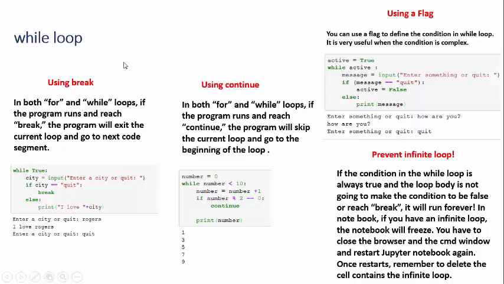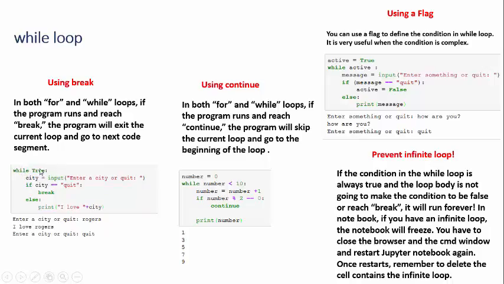When we're using a while loop or for loop, there are a few very useful statements. The first one is break. In both for and while loops, if the program reaches break, it stops running any of the remaining loop, exits the entire loop and goes to the next code segment. In this particular one, because I'm using while true, the condition is always true.